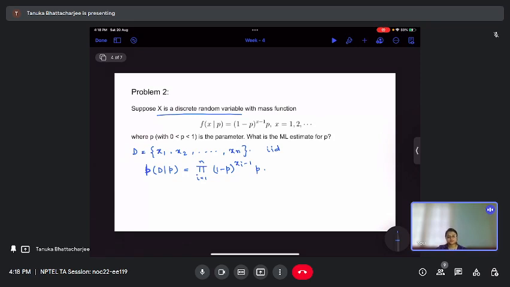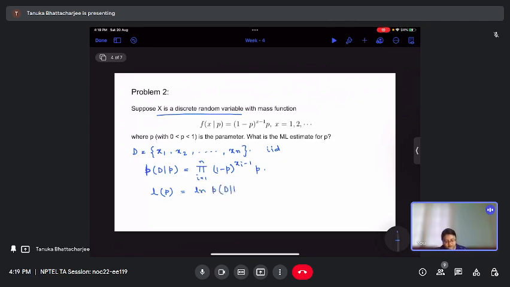Now, in ML estimate, we generally take the log likelihood. That simplifies the calculation a lot, because here also you have the product. As soon as you take the log, it becomes summation, then the further calculations become much easier. So, we will take the log likelihood for the parameter p. We denote that by small l, which is a function of p, and we write that as ln of P(D given p).